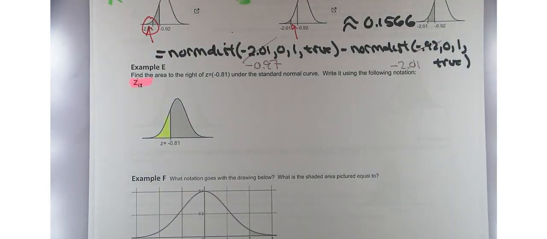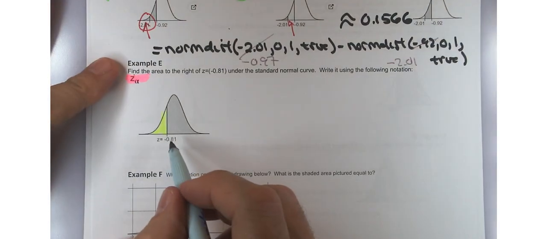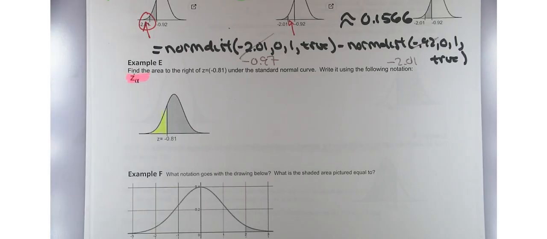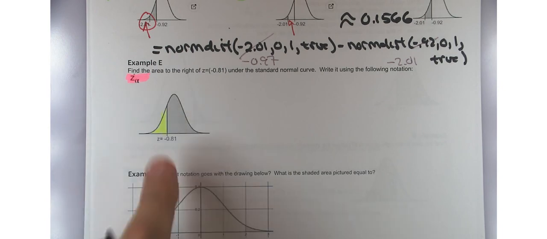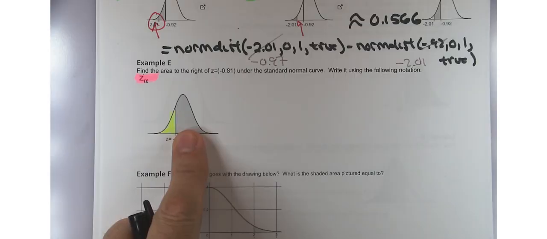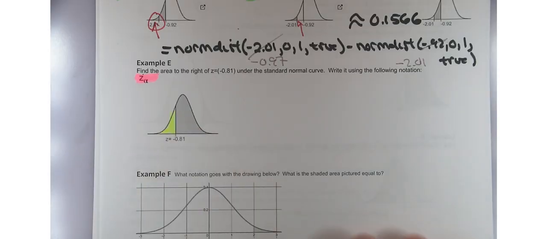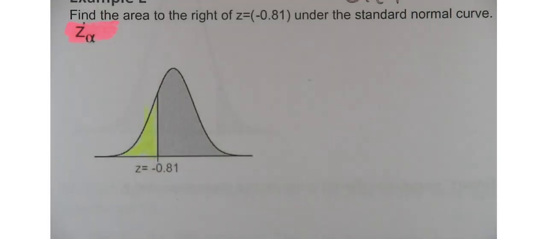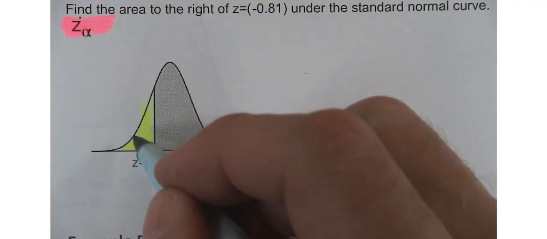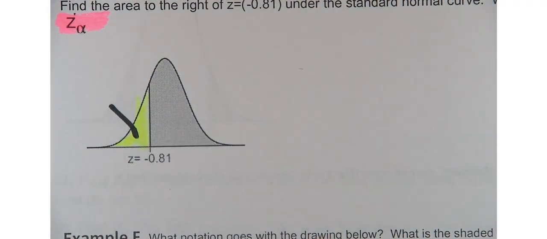Well, it's going to start with figuring out what area is to the left of negative 0.81. How come I have to start out there? How come I can't just find this right off the bat? Remember, Google Sheets only works with the area in the left tail. So that's where you're going to have to start out.